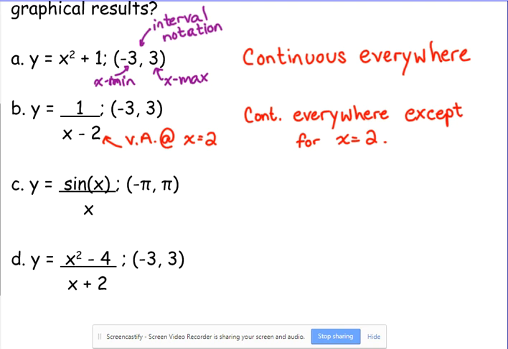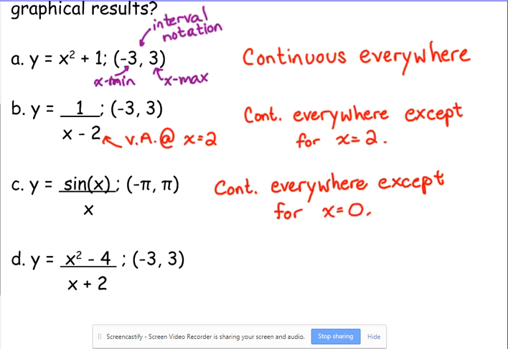C, y equals the sine of x over x from -pi to pi. Now, here's one that's very deceiving. If you just look at the graph, it looks completely continuous. It looks like there aren't any issues, but we've already talked about this function a little bit. It has an issue at 0. When we plug in 0 into this function, we get 0 over 0, which causes us to have a hole.